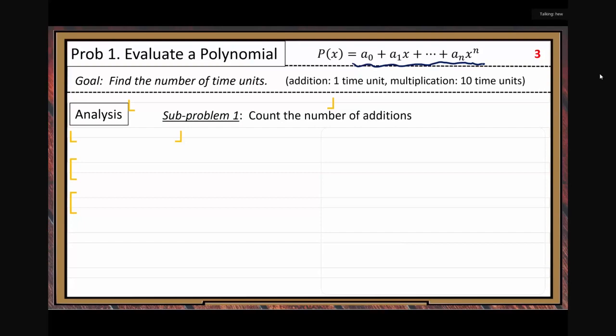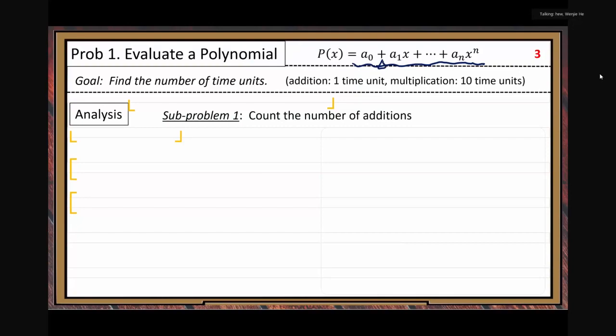But here I'd like to introduce a better way to do the counting. When you count the number of additions, each addition corresponds to a plus sign.